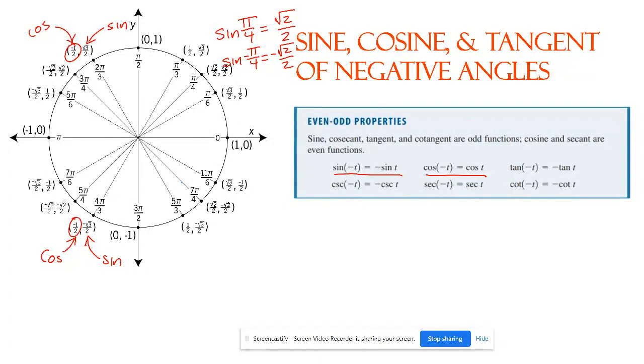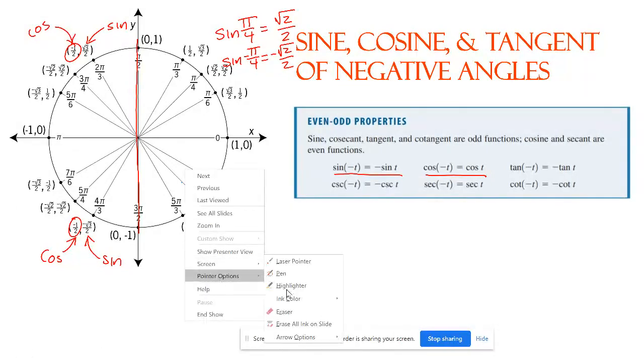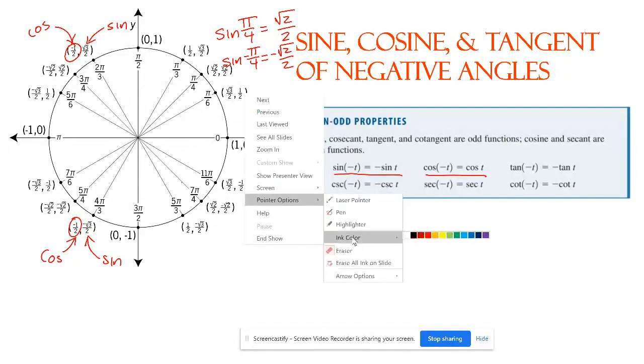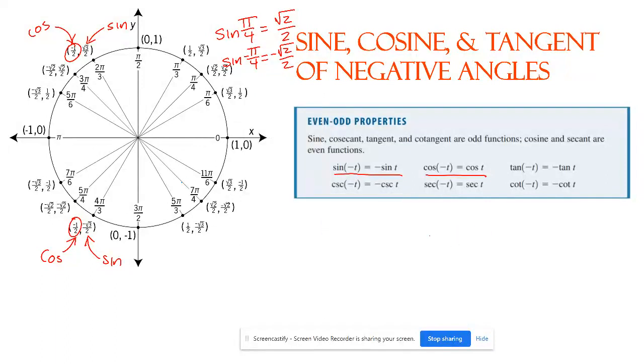And what happens is when you have positive and negative angles, they're always going to end up on the same side of the y-axis. So they'll either both be on the right side or both be on the left side. So the x values will always have the same value. They'll always both be positive or both be negative. So the cosine of a negative angle is the same as the cosine of the same positive angle.